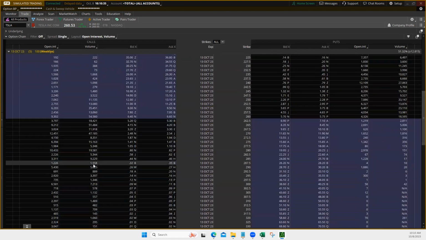If you look at the volumes, whichever option contract has the highest volume means that those options are trading with higher volume. If calls are trading with higher volume compared to puts, it means that the price is supposed to go up. And if puts have higher volumes for a particular strike compared to calls, it means that the price is supposed to go down.